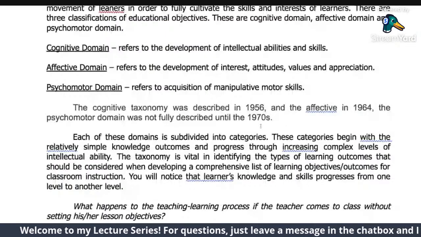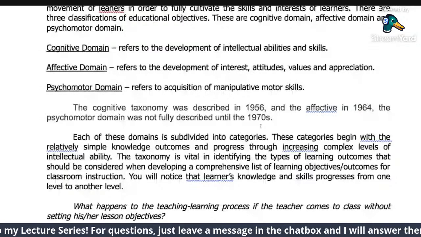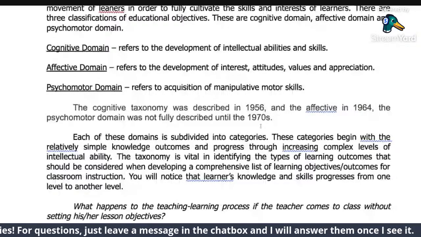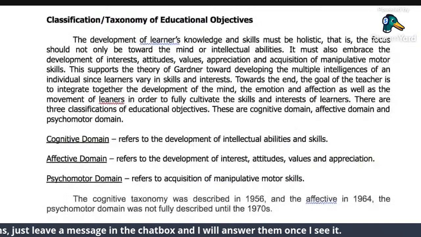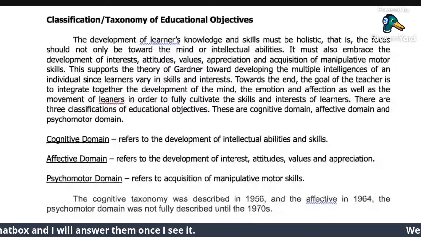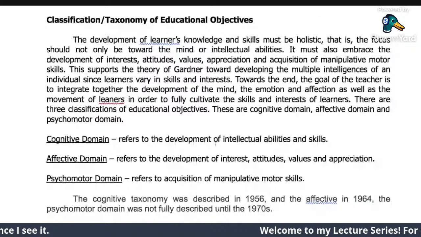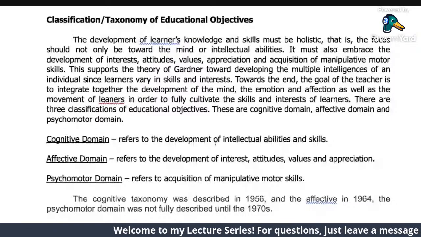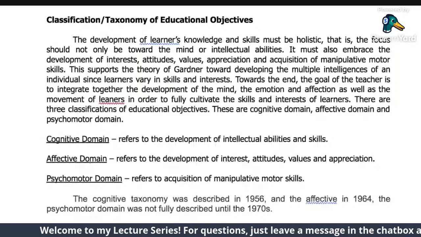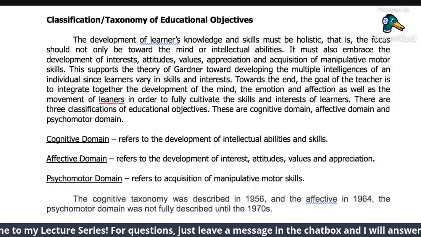And then this one, we will just discuss briefly, because these will be discussed later in some parts of our course. So here we will just go over it. And now we proceed to the classification or the taxonomy of educational objectives.